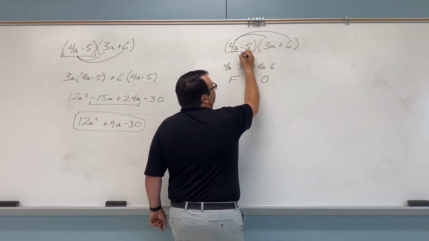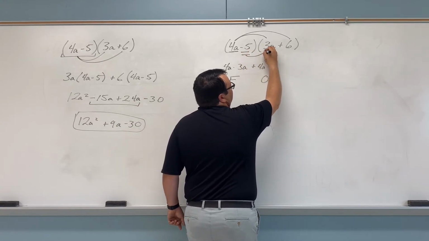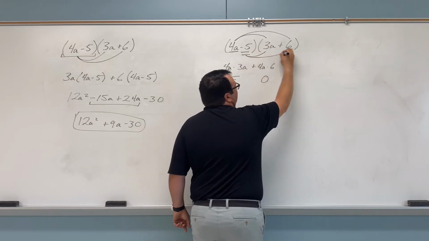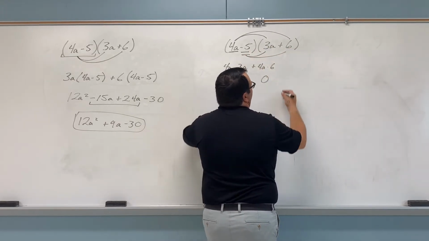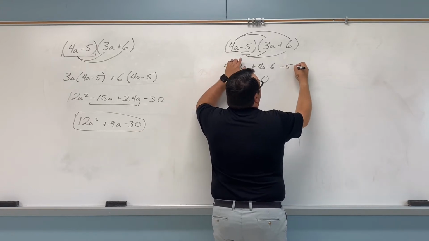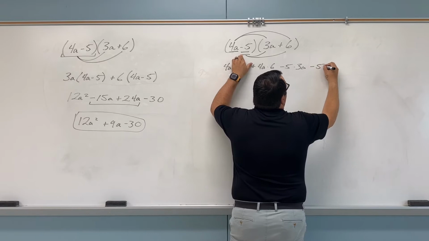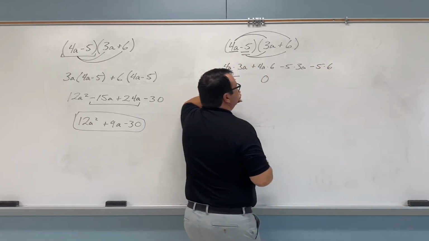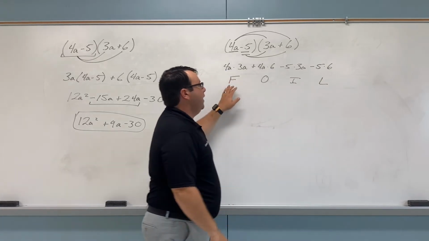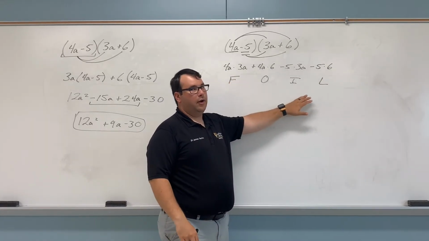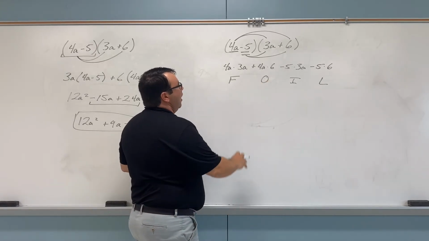Then I take this second term and distribute to the inner and the last. So what does that mean? Well, I have negative 5 times 3a, negative 5 times 6. This is my inner and my last.